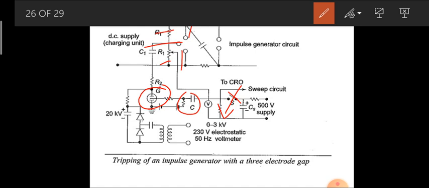Because of this, the thyratron G conducts on receiving the pulse from S and produces a negative pulse through the capacitance C1 at the central electrode of the 3 electrode gap. That is why the voltage between the central electrode and the top electrode of the 3 electrode gap goes above its sparking potential, because of which this gap becomes conductive.